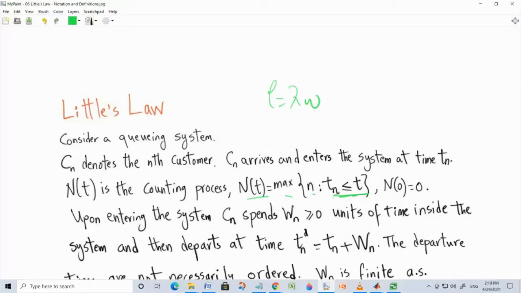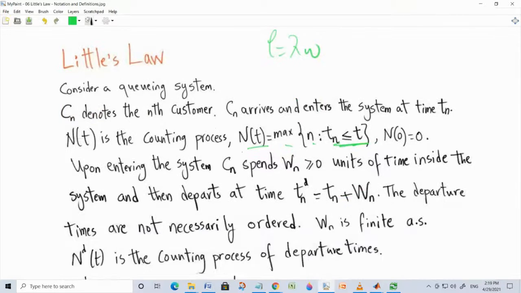Now, what will happen to customer Cn in the system? The customer will spend a time in the system. This time has basically two components. There is a waiting time, doing nothing, just waiting for one of the servers to be idle, if you have more than one server. The other component is that once a server is available, the customer can be served.